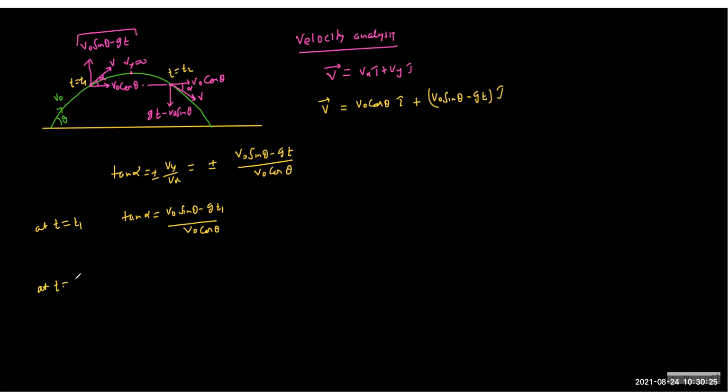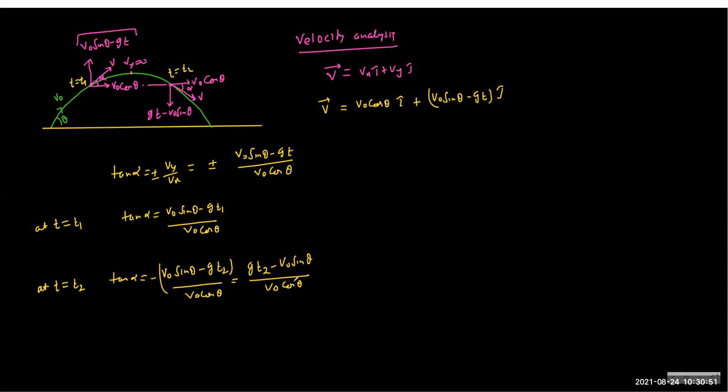And at t equals t2, I must write the negative of v naught sin theta minus gt2, because gt2 exceeds this value, upon v naught cos theta, which automatically becomes gt2 minus v naught sin theta upon v naught cos theta.